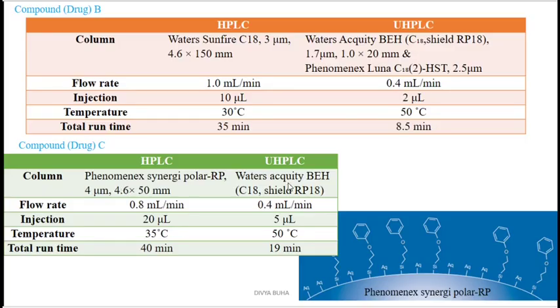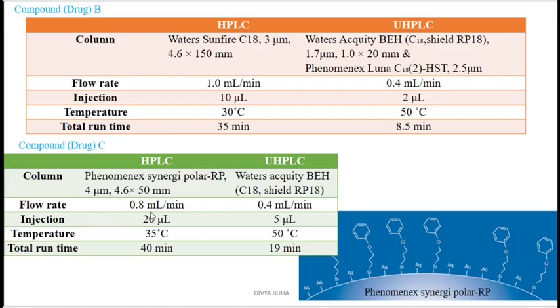Again, if you go for UHPLC for the separation of compound C, then the Waters Acquity BEH column is being used. And the particle size, we know in BEH columns, would be very small, approximately around 1.7 micrometer. That would be very much less than the Phenomenex Synergy columns.